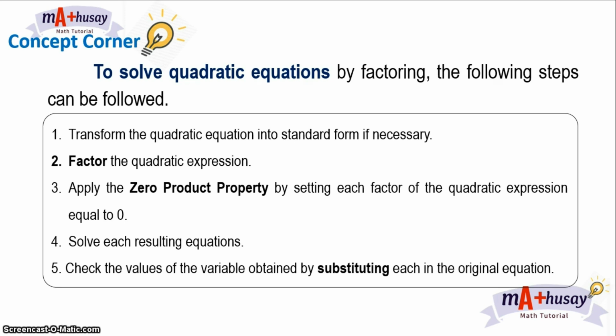You can use any of those techniques that we recalled earlier. Number 3, apply the zero product property by setting each factor of the quadratic expression equal to 0. Number 4, solve each resulting equation. And lastly, check the values of the variables obtained by substituting each in the original equation.